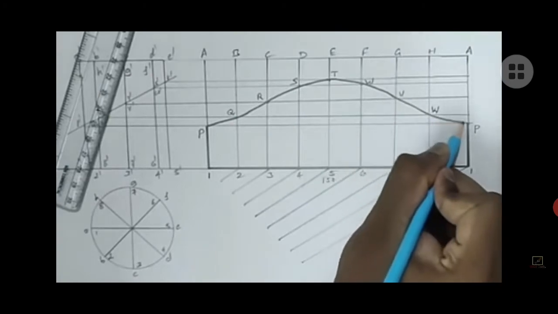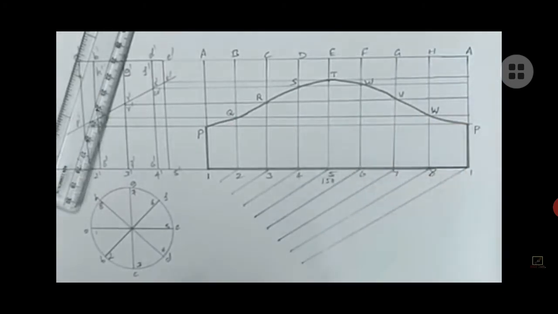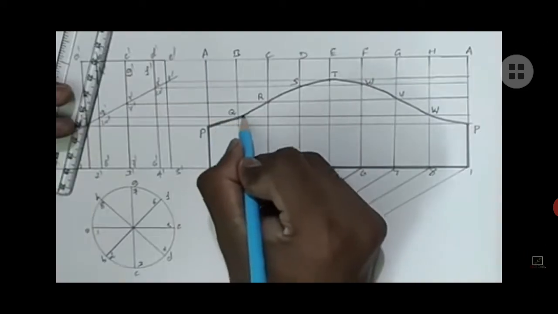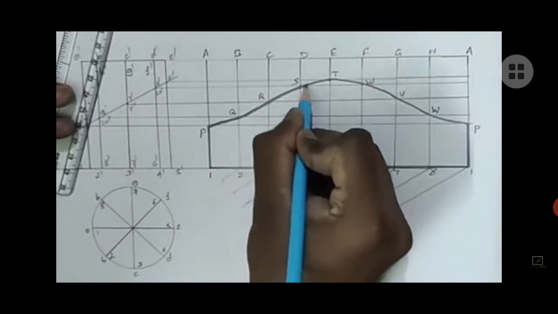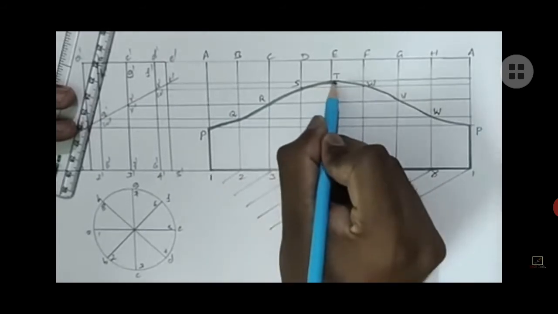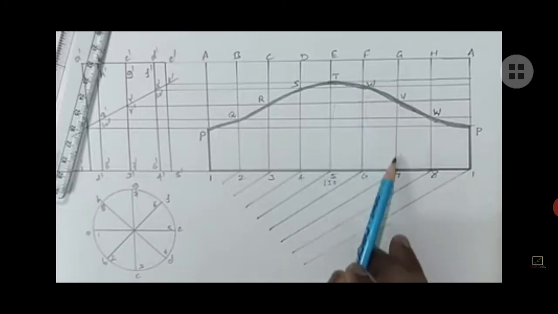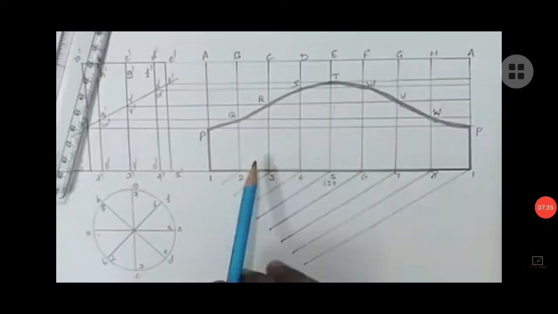So these are the generators. This dark line is the required answer. This is how to complete your points and take the generators using this method.